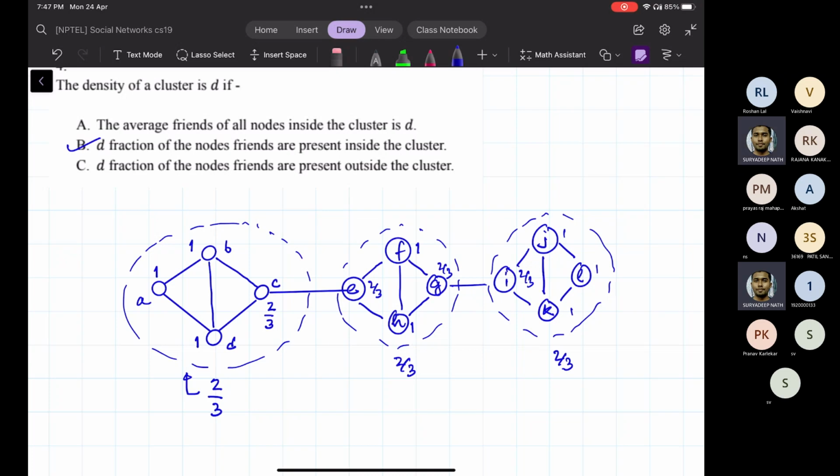Is it clear? When finding cluster density, you take the minimum fraction. So what we can say about this cluster ABCD is that each of these nodes has at least two-thirds of their friends within the cluster. So that is the cluster density.